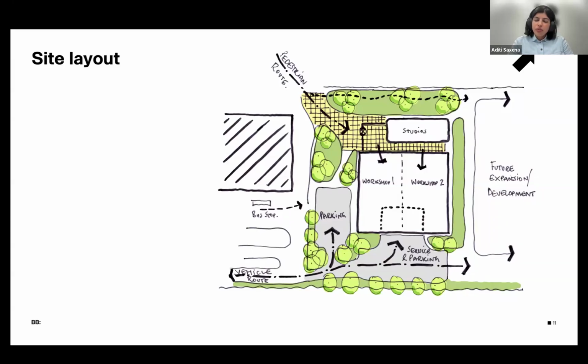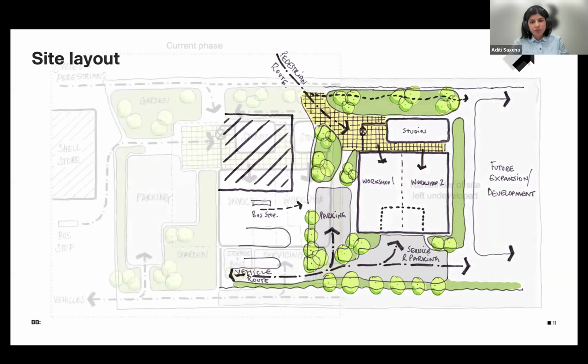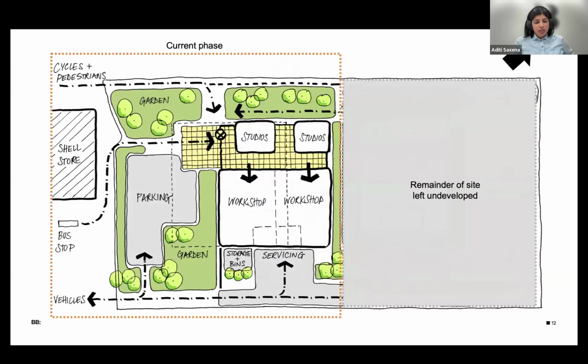And then finally, we really looked at the orientation of the building as well. So we orientated the building, locating the studios, which are at the top of the screen, away from the south to manage heat gain and to reduce energy demand as well. So by combining those two buildings, we maximized the use of the site by containing this development to the left-hand side of the plot.